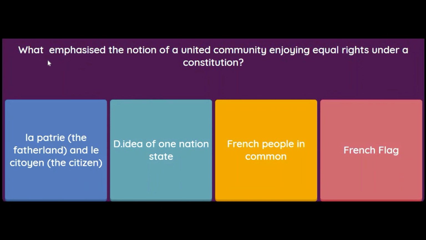So the last question is, what emphasized the notion of a united community enjoying equal rights under a constitution? La patrie, the fatherland, and le citoyen, the citizen. Idea of one nation state, French people in common, or French flag.